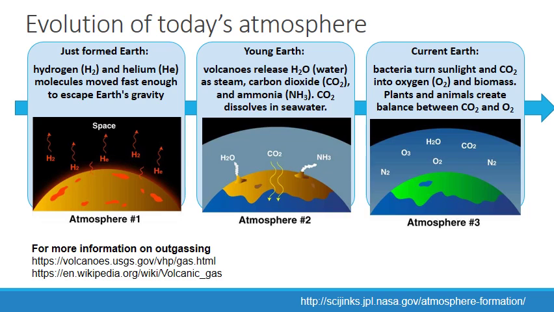A possible early source, when we get to the current Earth atmosphere: the atmosphere that we have now may have gotten some of its nitrogen by disassociating the ammonia molecule. So if you look in atmosphere number 2, you'll see NH3 as one of the components.